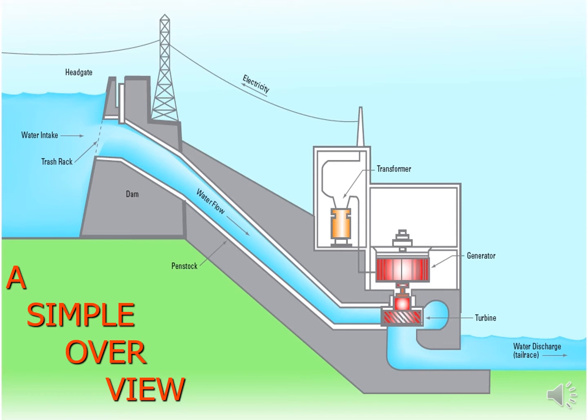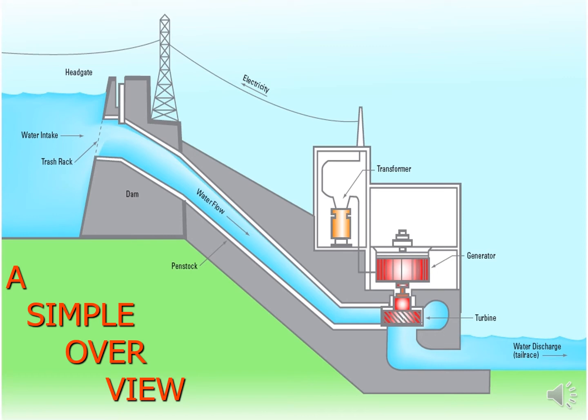The trash rack is provided at the water intake to control debris and prevent damage to mechanical equipment parts. At the bottom you can see the water discharge, where after the turbine rotates the water is passed out through the tail race.